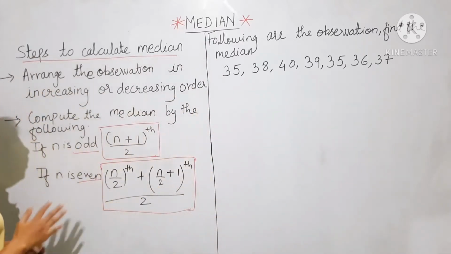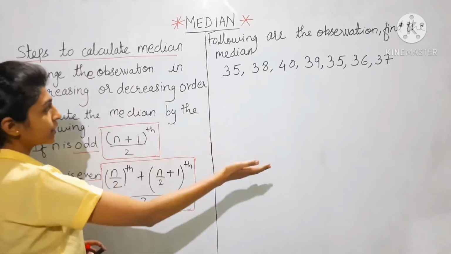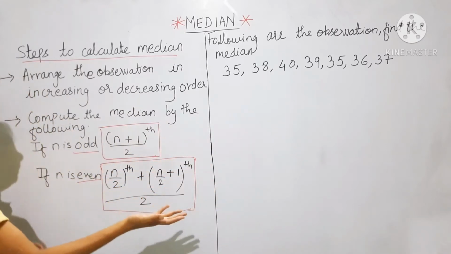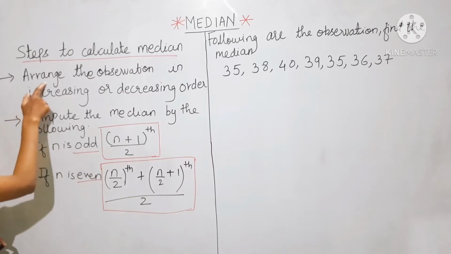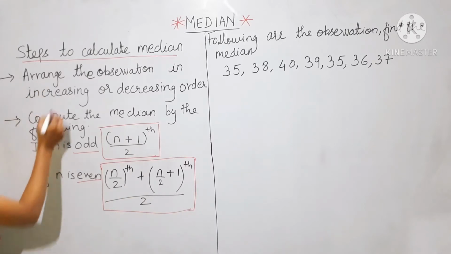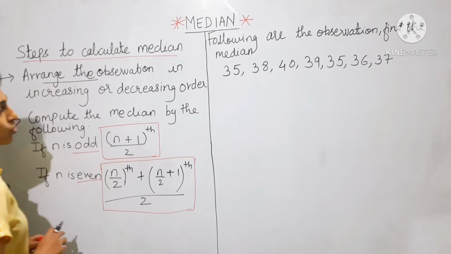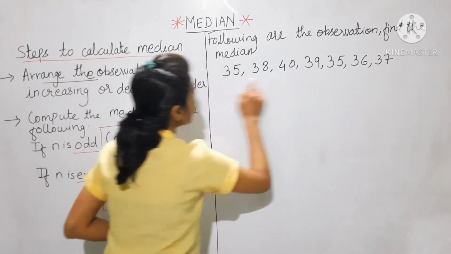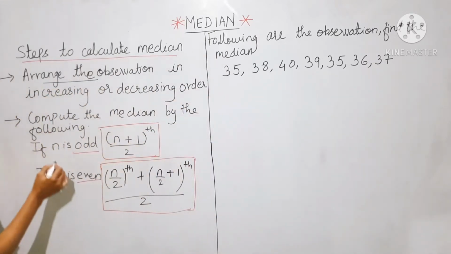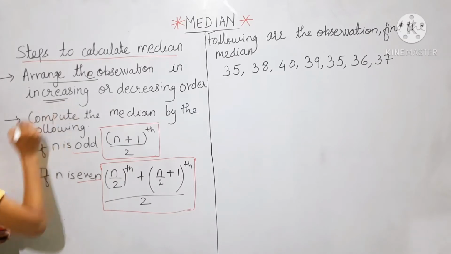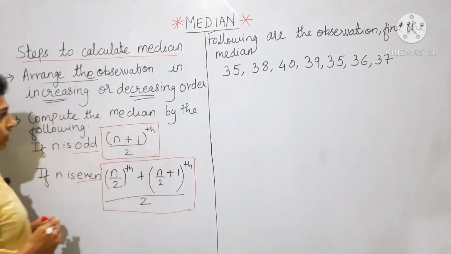If the observations are in individual form, the first thing you have to do is arrange the observations either in increasing or in decreasing order.